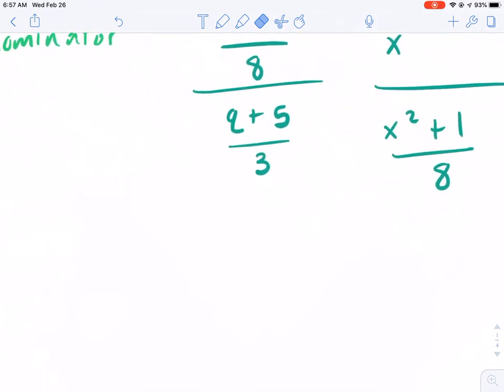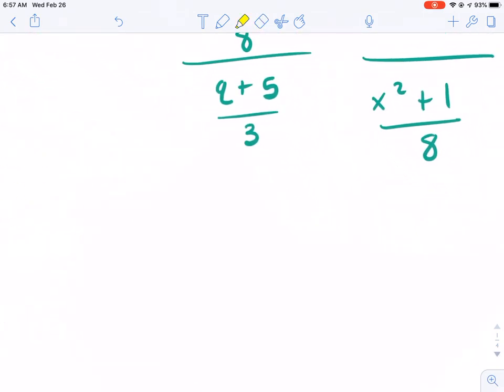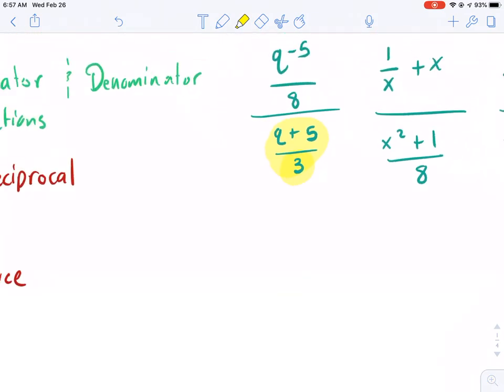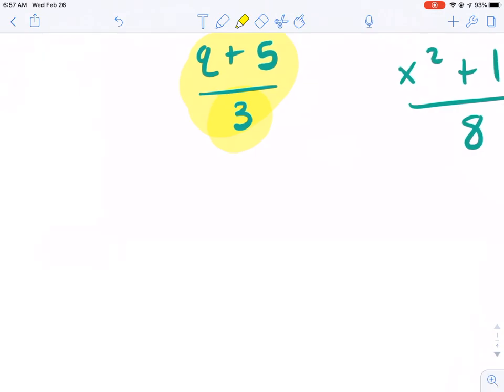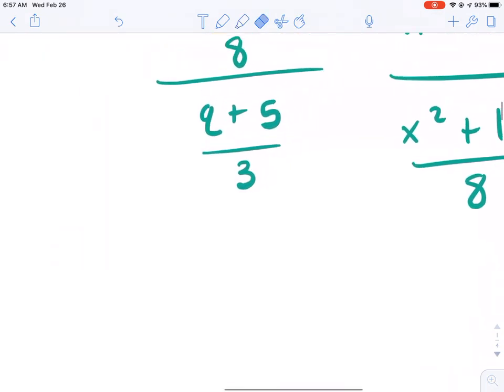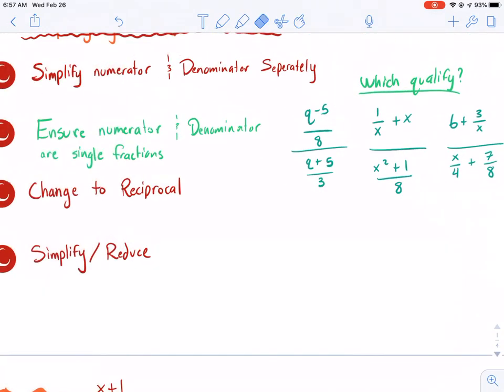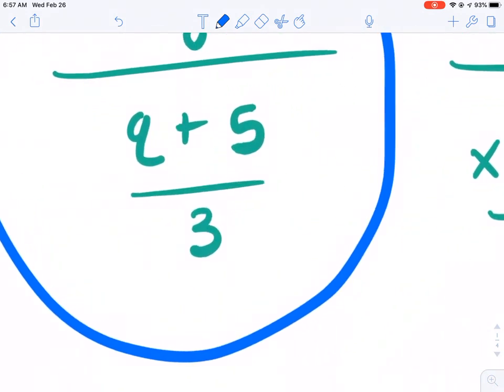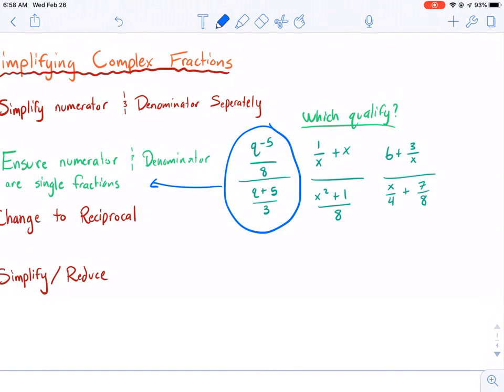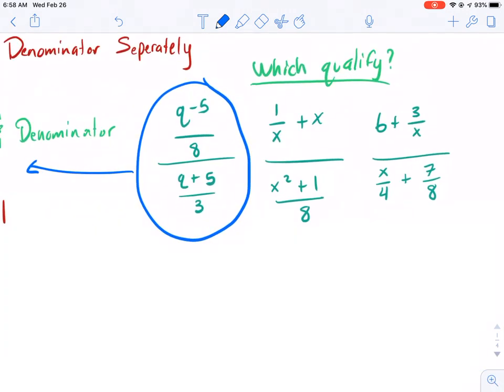Now let's look at the fraction in the bottom. Is everything in the denominator a single fraction? Yes, it is all over 3. We have only one fraction to worry about. So this is an example of something that we want. The top is only over 8, the bottom is only over 3, so we're good to go. Let's look at the next one.